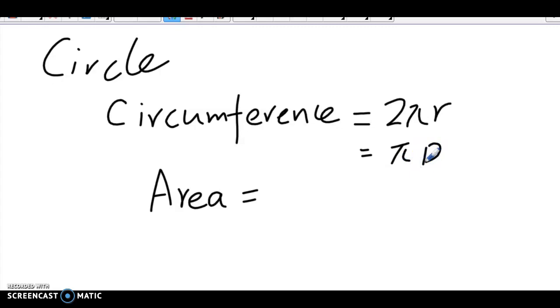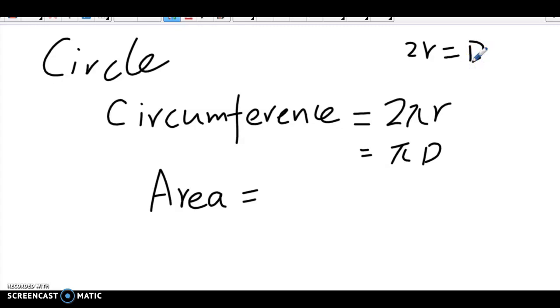As we know here, 2r equals d. So that's why we have 2 pi r equal pi d.